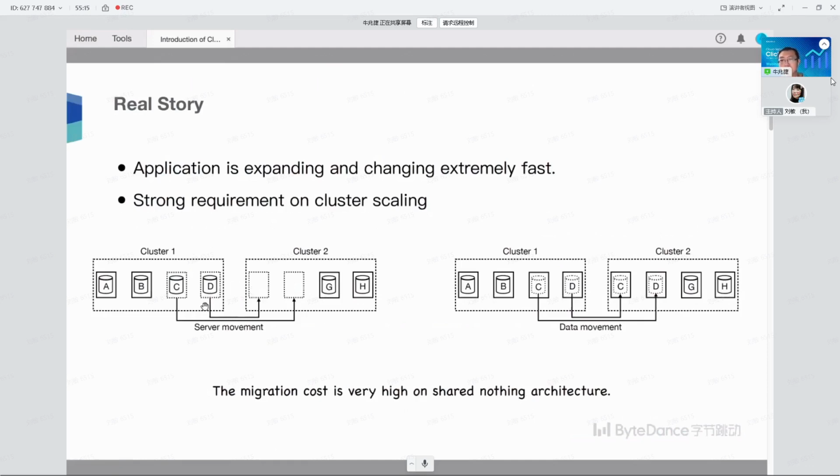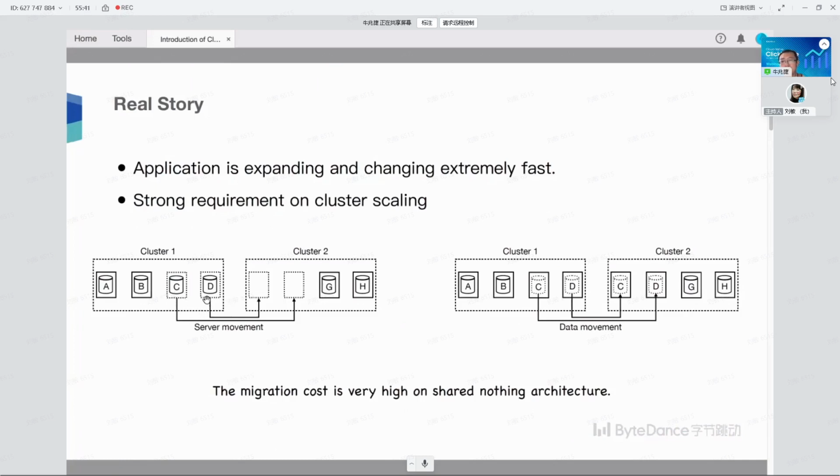For example, at some moment cluster 2 requires more resources, but cluster 1 doesn't need so many, so cluster 2 can borrow some resources from cluster 1. For example, we can move two machines from cluster 1 to cluster 2.